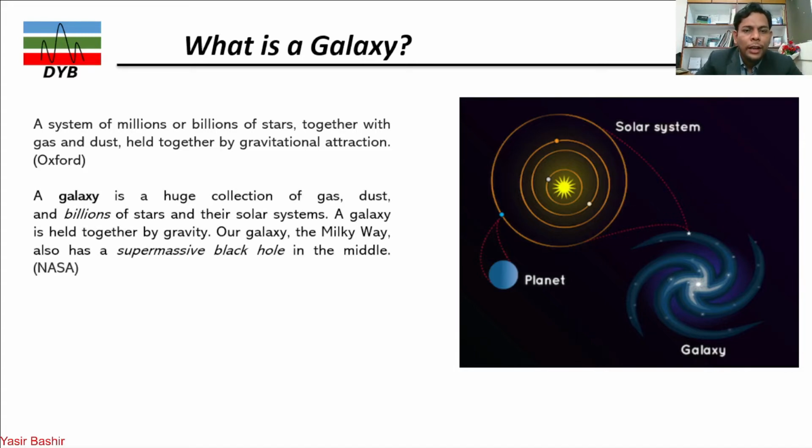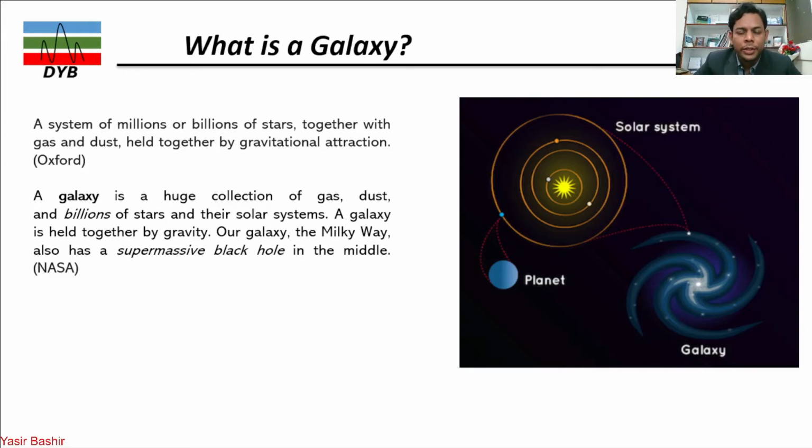But when we look at NASA, which is a more authentic research organization for astronomy, we get this definition: a galaxy is a huge collection of gas, dust, and billions of stars and their solar systems.